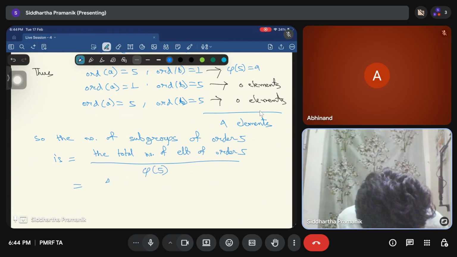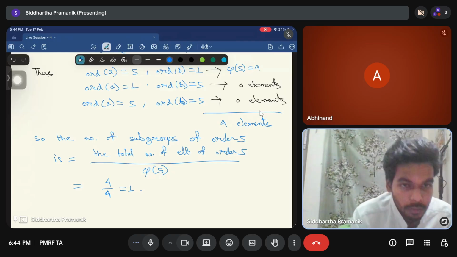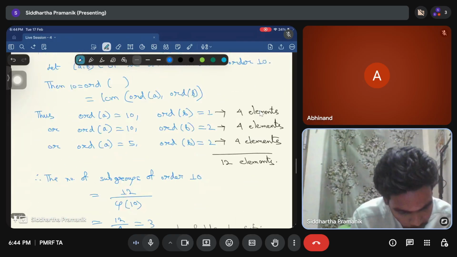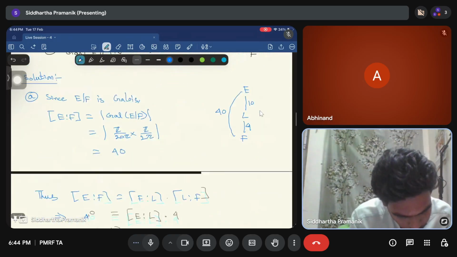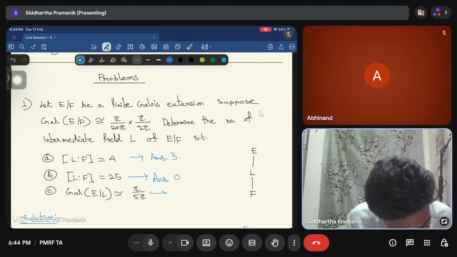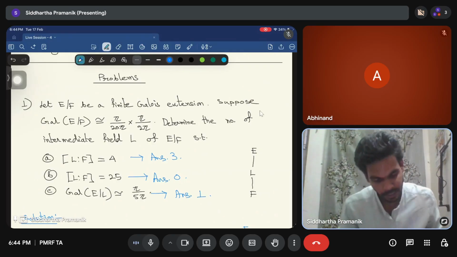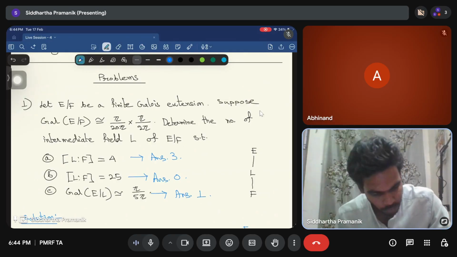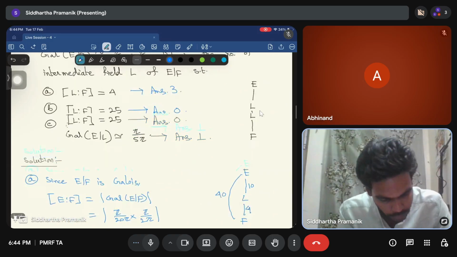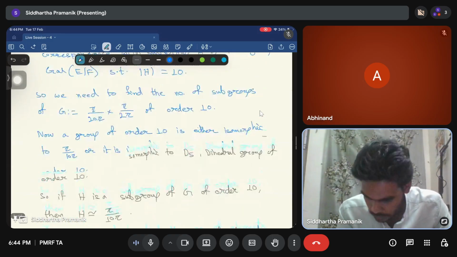This is 4 divided by 4, which is 1. So in this case we have only one intermediate field. This is merely an easy application of the fundamental theorem and some group theory. I hope it is understandable.